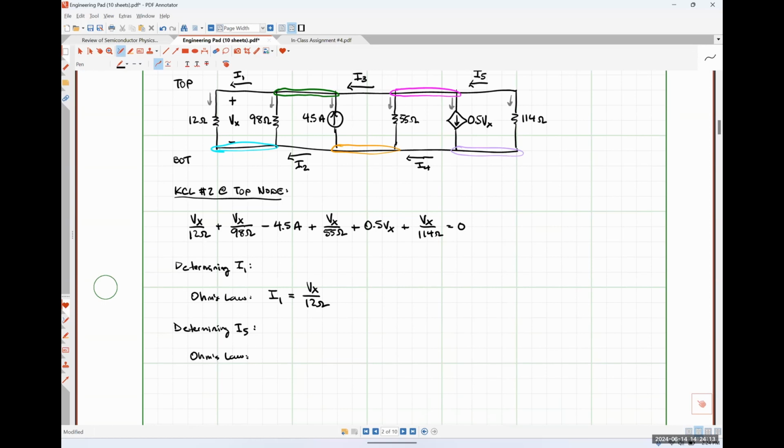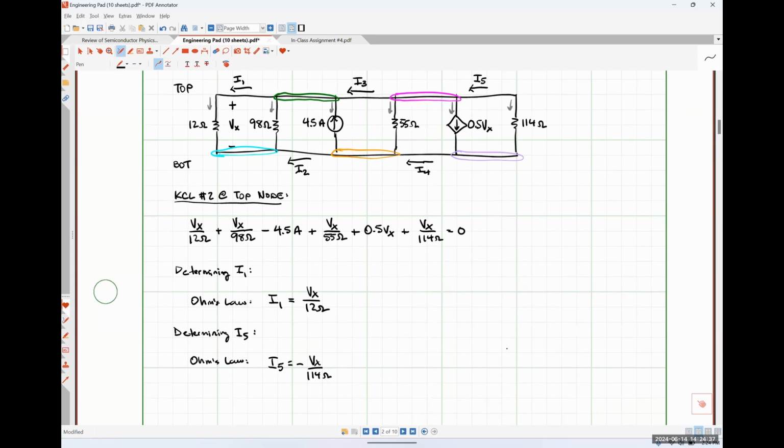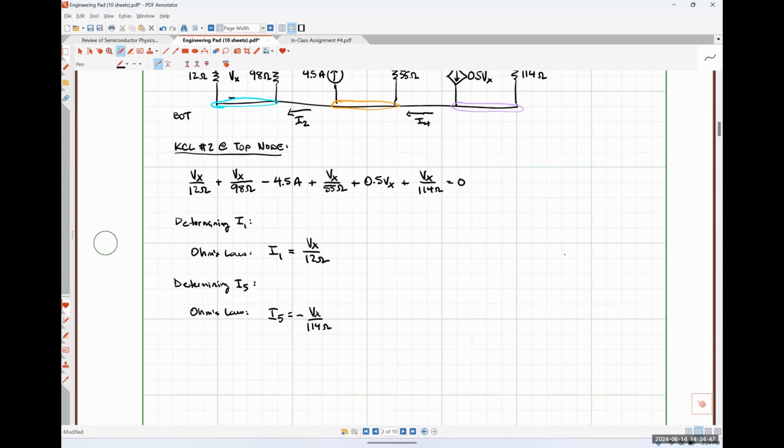Because it's flowing in the opposite direction as the current I1 was, or because it's flowing into the negative polarity terminal of the 114 ohm resistor, we're going to say that I5 is just negative Vx over 114 ohms. These are the two that are easy. All of the rest are going to be a bit more difficult. Okay, so let's look at I2 first.